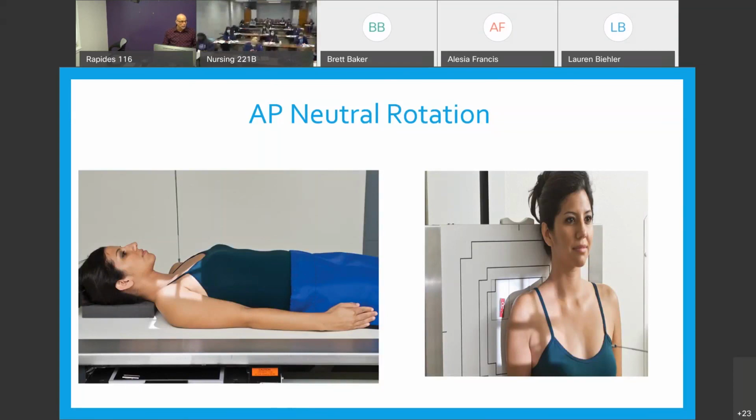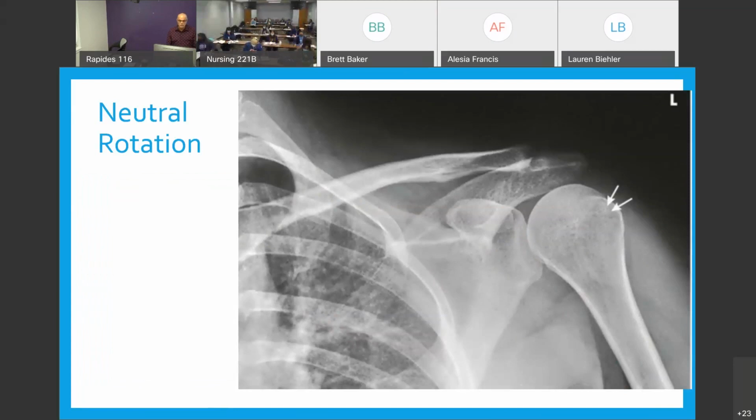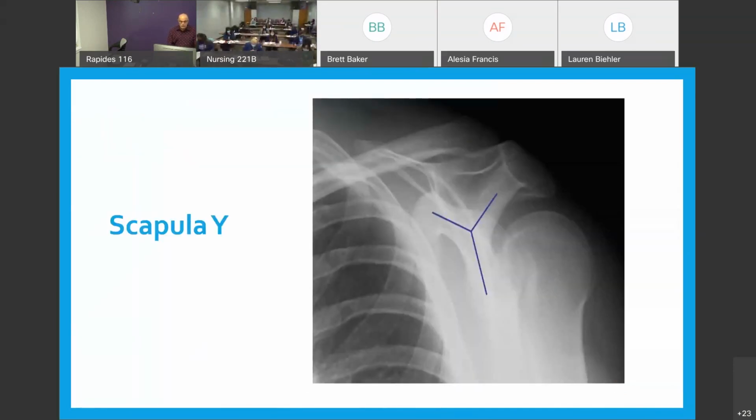But if they want to do a neutral, it's just where the arm is hanging down naturally by its side, usually at 45 degrees. And like I said, it really doesn't show anything, because the humeral and lesser tubercle have basically disappeared. And you have very, very little overlap here.